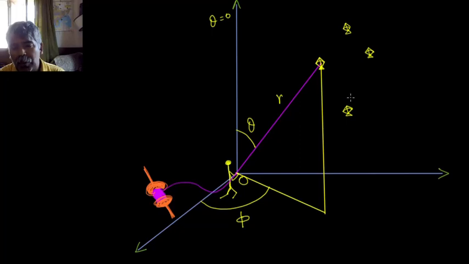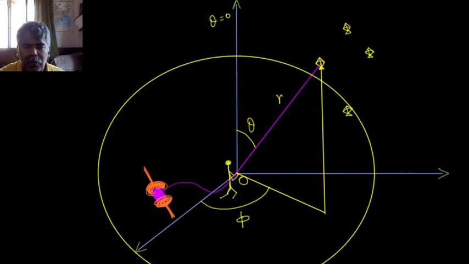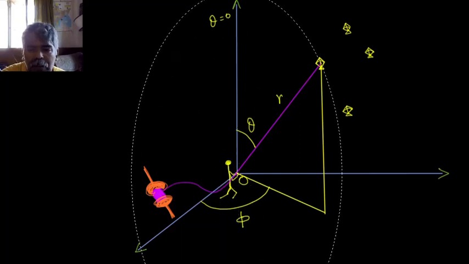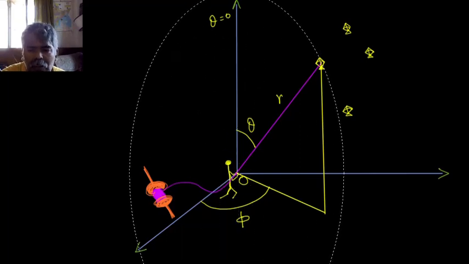But now what happens if the kite comes down? Suppose it comes down like this. I fly a lot of kites, I love it. Anyway, it should come down along the longitude.